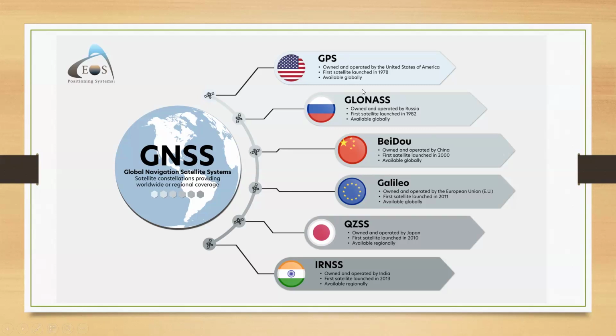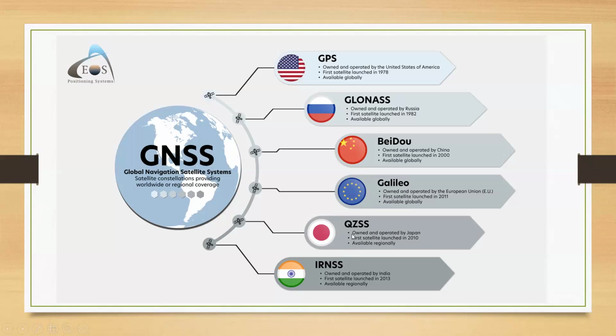So four of them, as of now, are the ones that are truly global. Worth mentioning are the Japanese QZSS and the Indian IRNSS systems, which are not yet global. They are still putting their satellites in orbit.